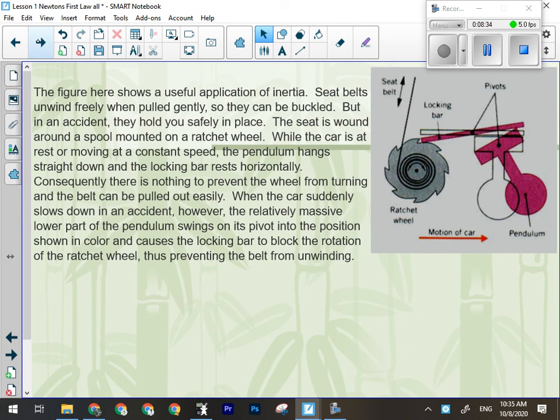All safety devices in your car are also dependent on Newton's first law in order to function, because it doesn't depend on a sensor, well, sort of a sensor, but not an electronic decision-making kind of thing. Seatbelts work with this mechanism. You have the ratcheted wheel that your seatbelt rolls onto each time.